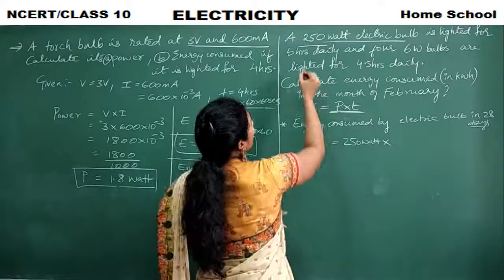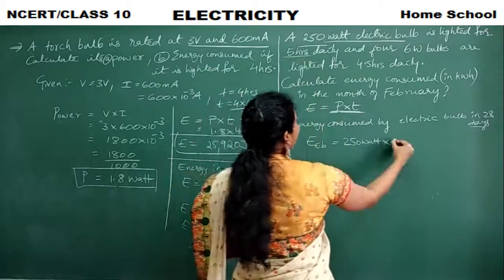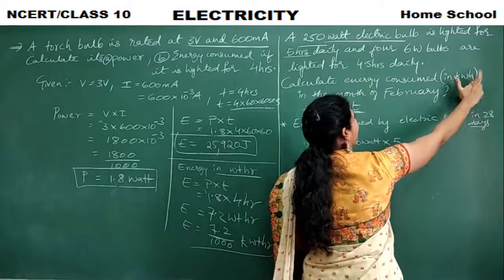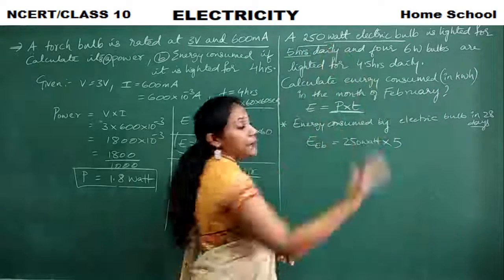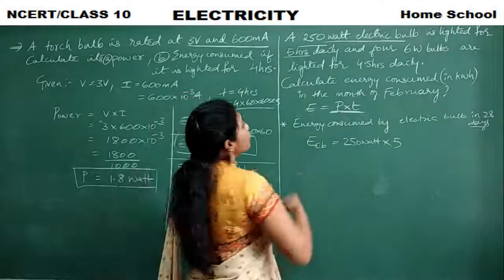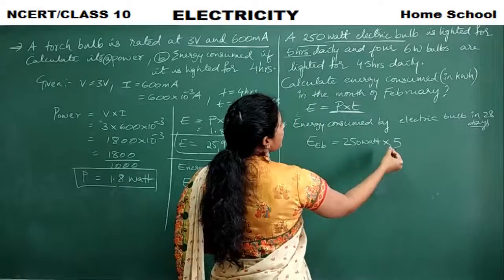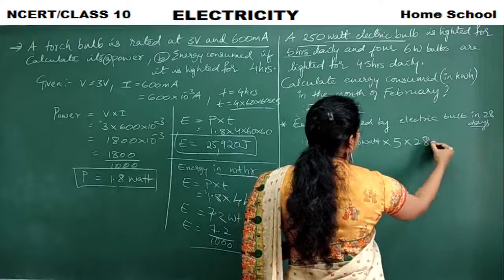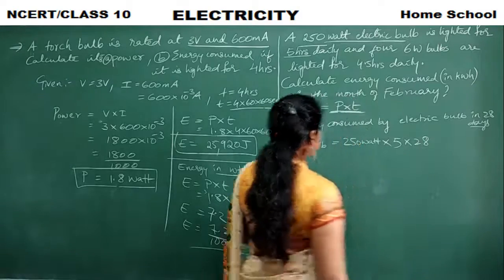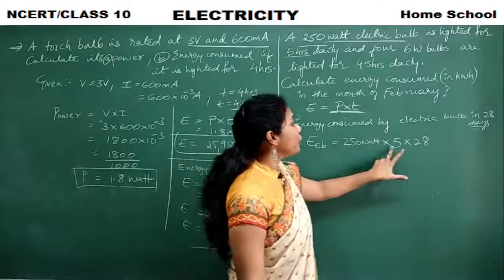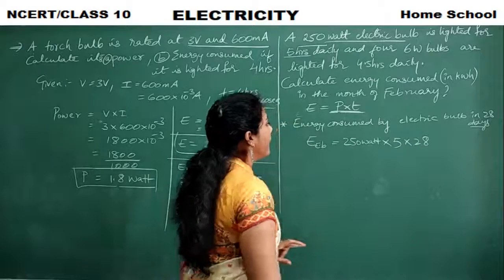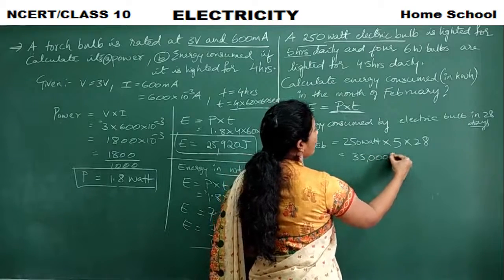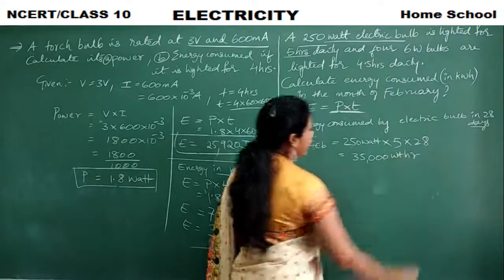What is the time? 5 hours. They are asking you to calculate energy in kilowatt hour, so I am not converting time into seconds here. 5 hours for how many days, guys? It is burning for 28 days. So 250 into 5 into 28. How much do you get? You would be getting 35,000 watt hour, right?